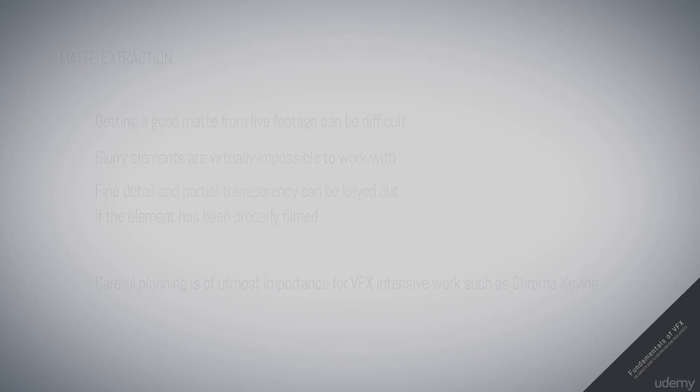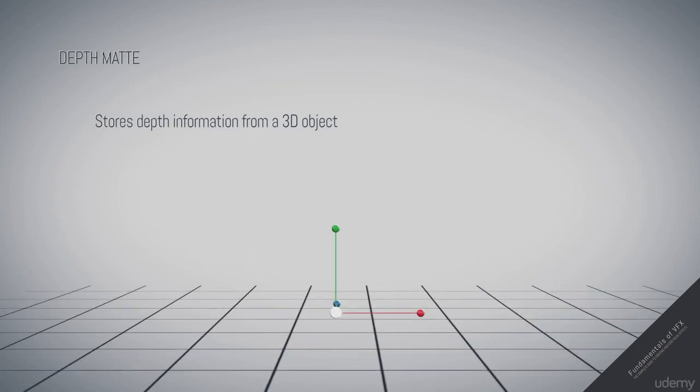As a last note on this lesson, we will look at 2 mattes associated with 3D elements, depth matte and ID matte. The function of a depth matte is to store depth information. In a 3D space, X, Y, and Z coordinates determine the position of an object.